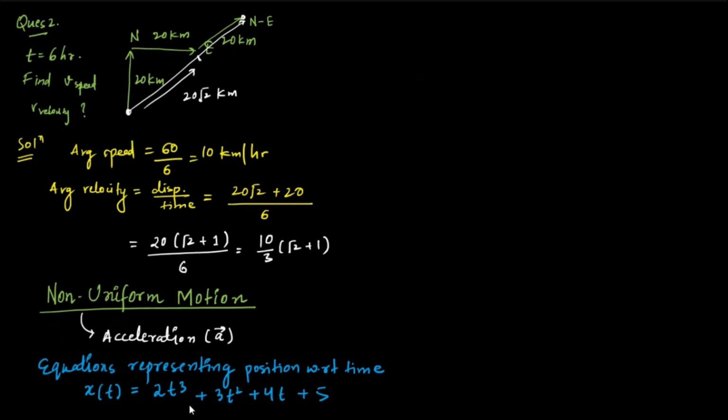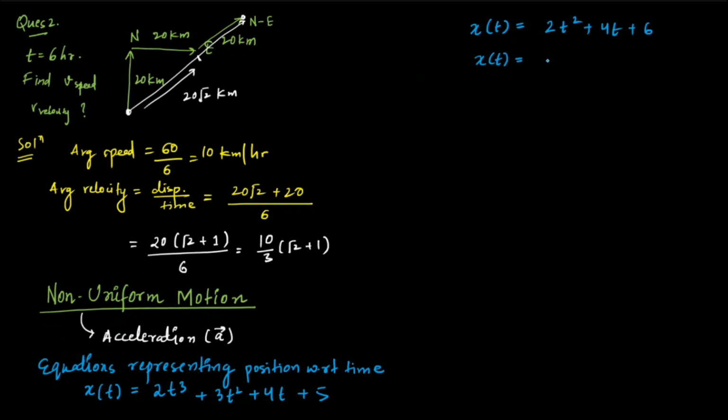In such cases, these kinds of motion are represented by very small particles, microscopic particles in reality, although it is there. Similarly, the equation of position as a function of time can also be represented as 2t square plus 4t plus 6. This equation can also be possible.